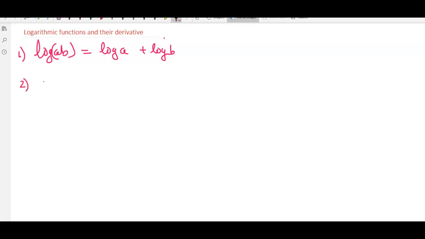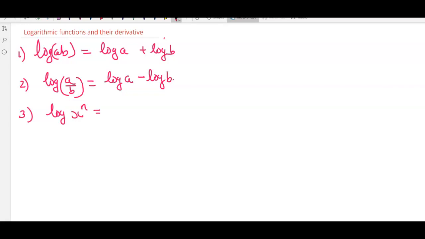Then the second formula is log of A by B is equal to log A minus log B. Third is log x to the power n is equal to n log x. Now, how to use these particular formulas?